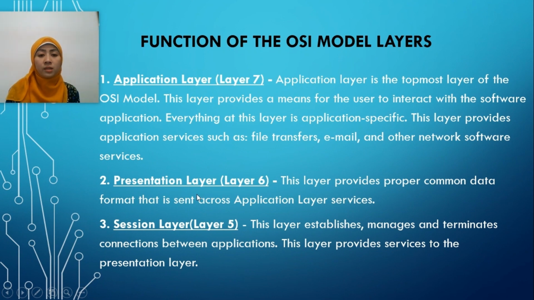Then we have also the presentation layer, which is layer 6. This layer provides a proper common data format that is sent across application layer services. Then we have the session layer, which is layer 5. This layer establishes, manages, and terminates connections between applications. This layer provides services to the presentation layer.